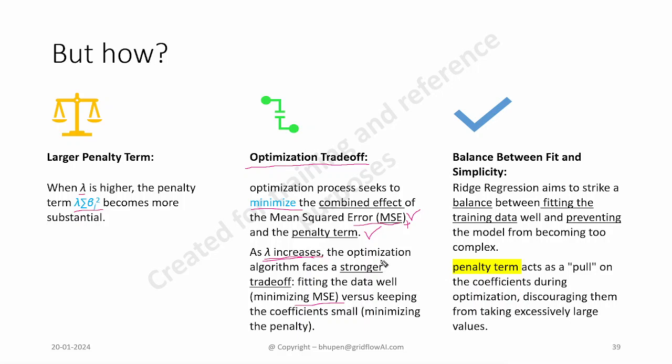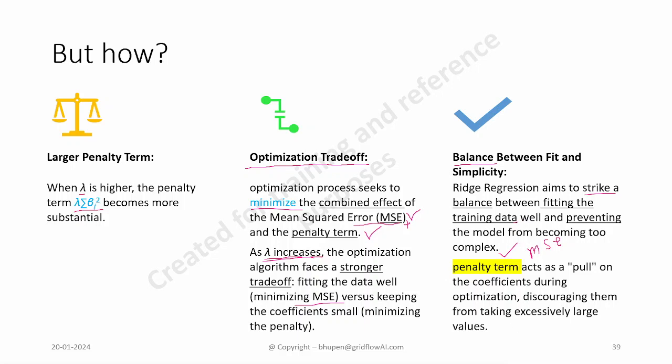Now, as part of optimization, the algorithm will try to find the balance between the penalty term and the mean squared error. So these two things will happen like a tug of war or trade-off. So the ridge regression tries to strike a balance between the training data and also the penalty term.